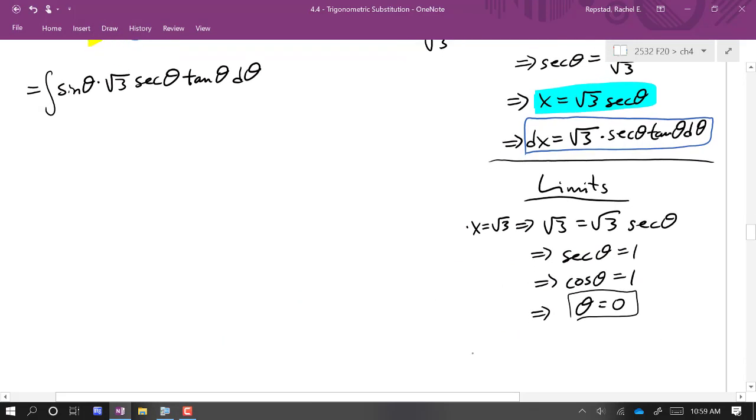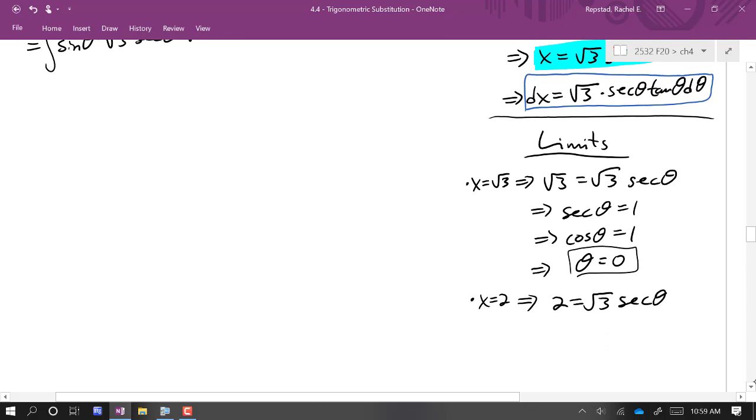And then for the other limit, x equals 2 gives us the equation 2 equals √3 times secant theta. That means that secant theta is 2 over √3, which means that cosine theta is √3 over 2.